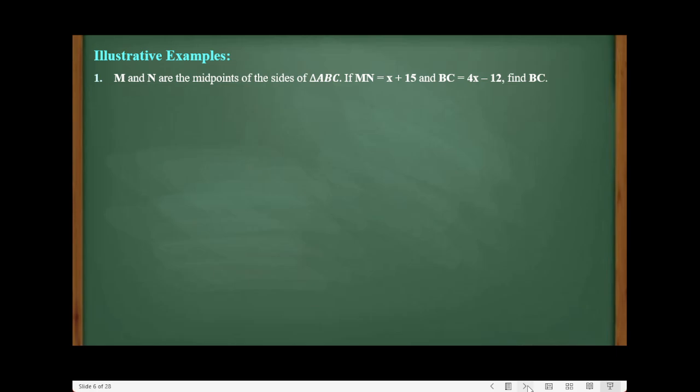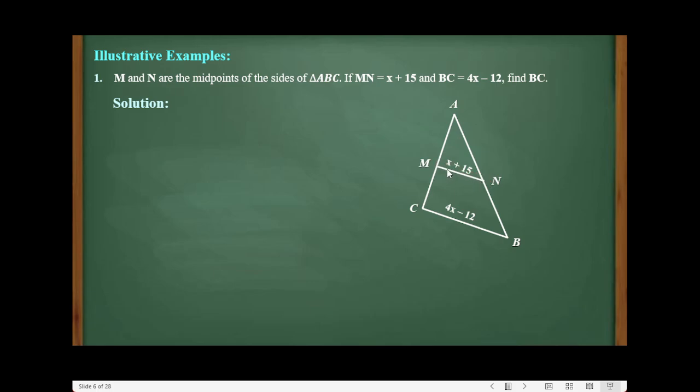Now, for us to analyze this, let us have the solution and the illustration. Yun. Now, suppose this is triangle ABC, and on the first two sides, we consider the midpoints. On the first side, segment AC, we have point M, and on the other side, segment AB, we have point N. And these two midpoints are connected by segment MN.